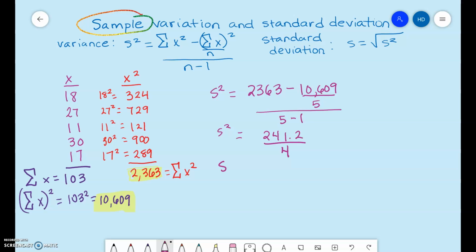And once you do that, I believe you get 241.2 divided by 4 is 60.3. Okay, so 60.3 is your variance.